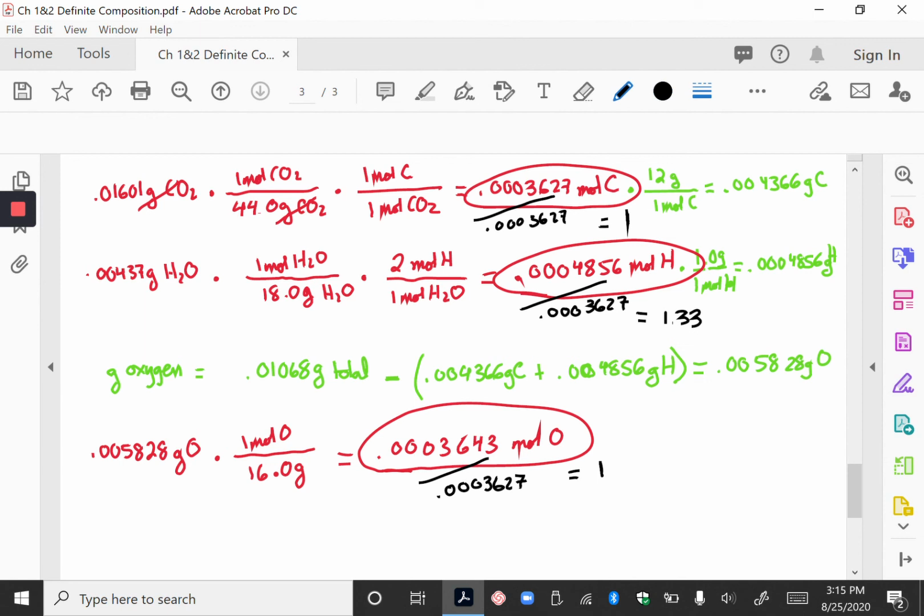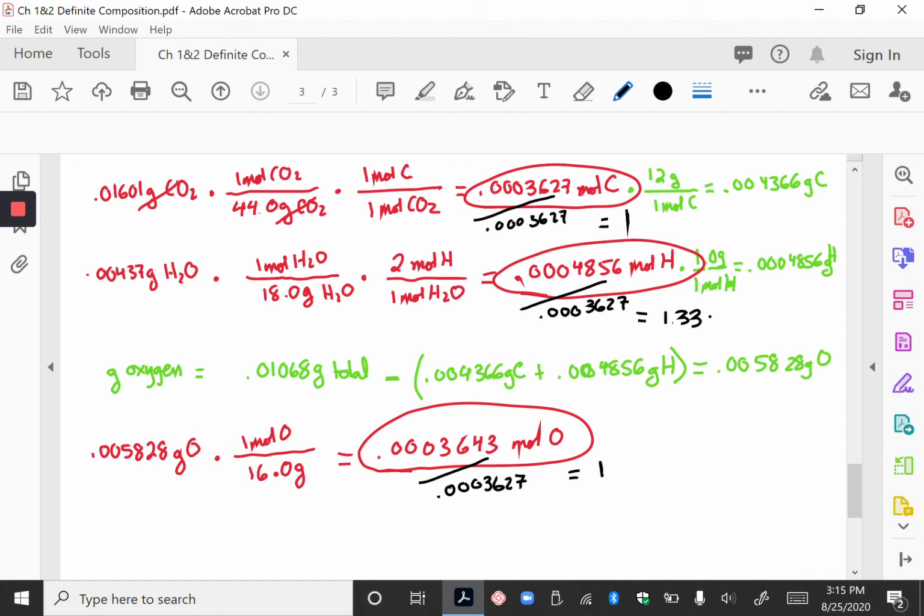Now, that should give us the empirical formula. 1 to 1.33 to 1. Remember the empirical formula has to be whole numbers, right? So the 1.33, that's not really close to 1, it's not really close to 2, so we have to do something. What we can do is multiply all these numbers by something to make it into an integer. So that's like 1 1/3, right?